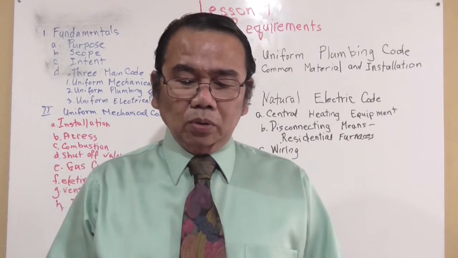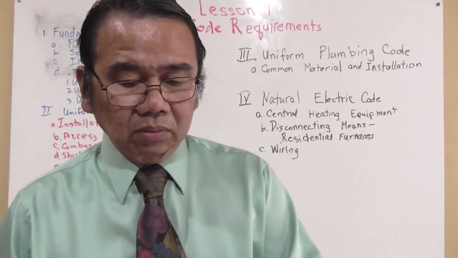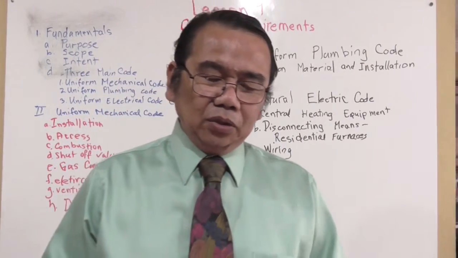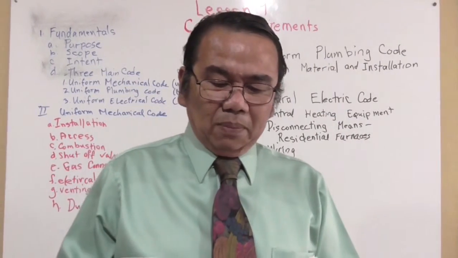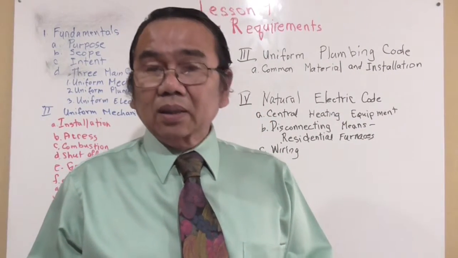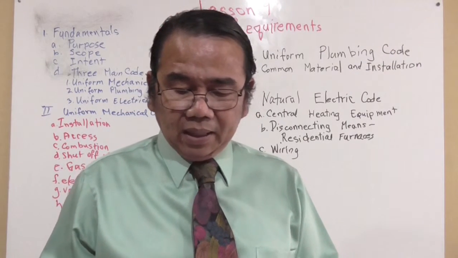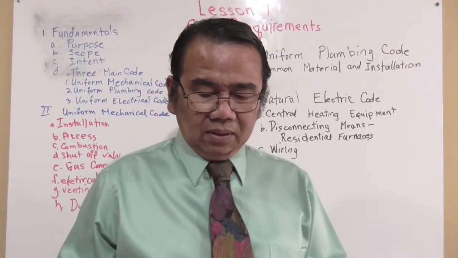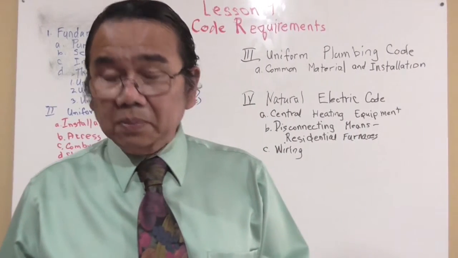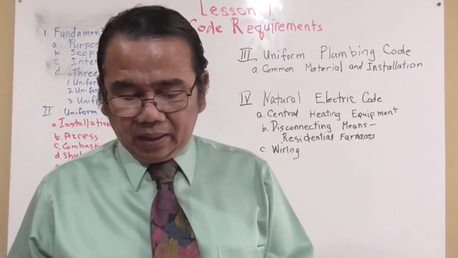And then the uniform plumbing code. This one right here, which is above ground: inside, galvanized or black. Outside shall be galvanized only, and 6 inches above the ground. Below ground, you can use PVC, PE, 18 inches below grade.